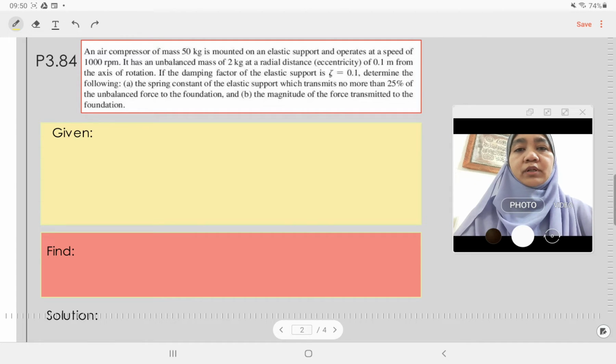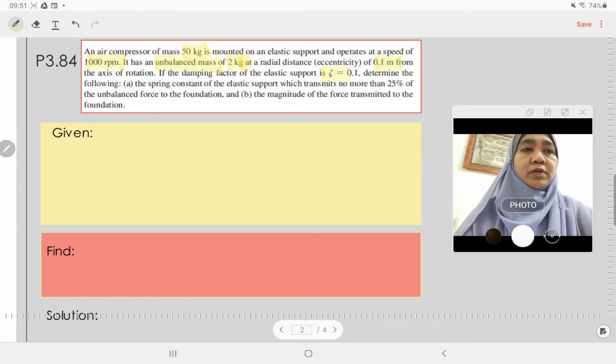So for example, in this case, if you look at here, you have 50 kilogram as the mass, and then you have 1000 RPM as the speed. You have unbalanced mass, so you have to highlight what is the variable for that unbalanced mass, and a radial distance of 0.1 meter.